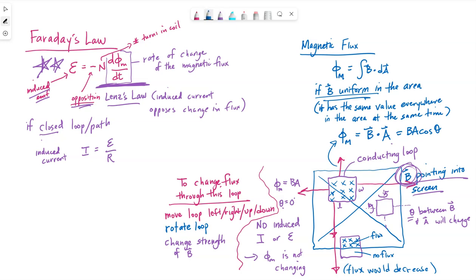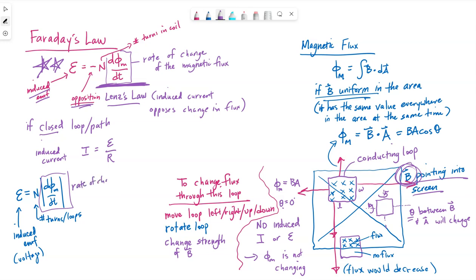Now in the test notes, you will see Faraday's law this way. The induced voltage, or EMF, we're talking the magnitude, is equal to the number of turns or loops you're going to induce the voltage in, as well as the rate of change of the flux with time.